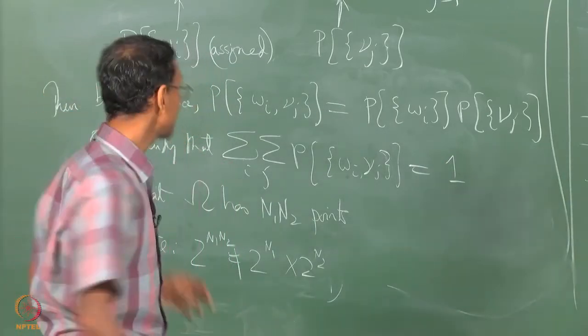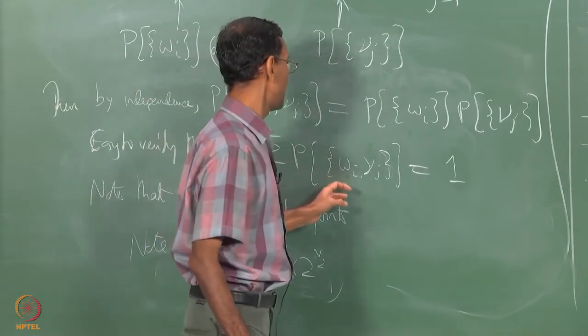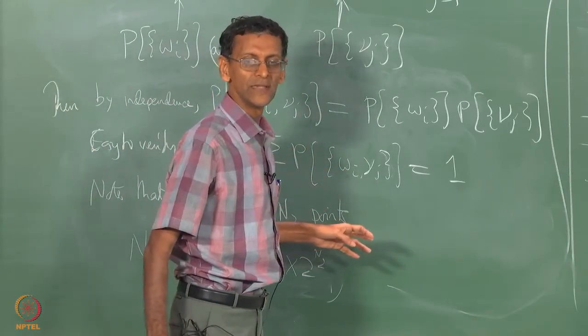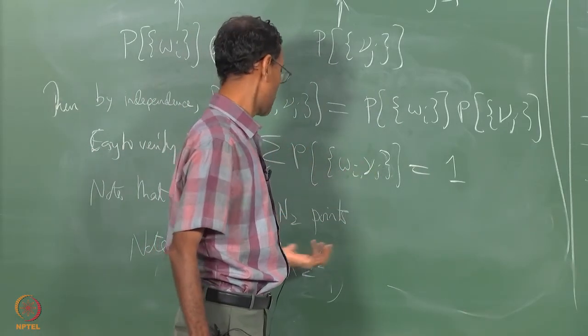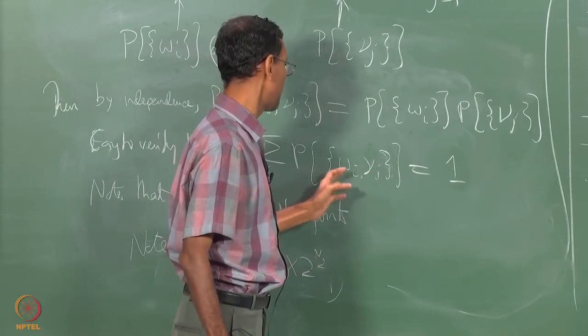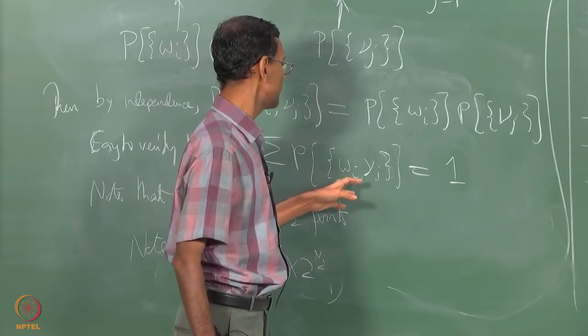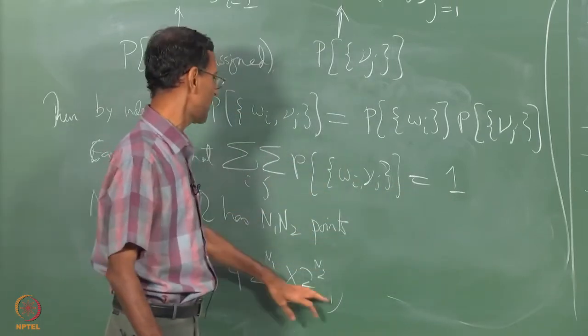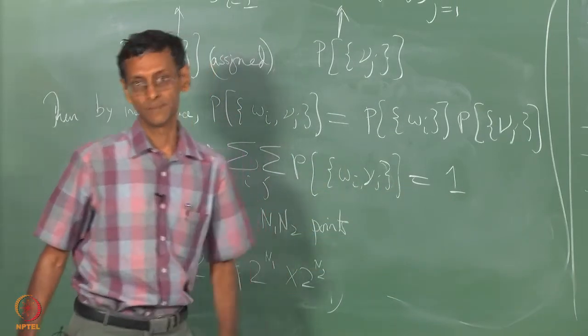Why does that happen? Because if I take omega 1 comma nu 2 union omega 3 comma nu 4 or something, that event cannot be formed this way.